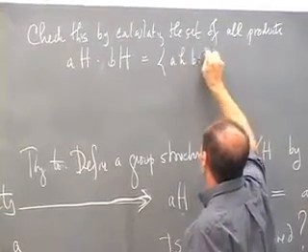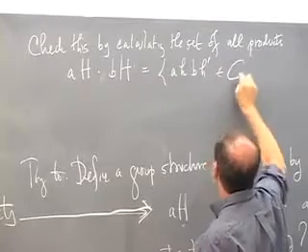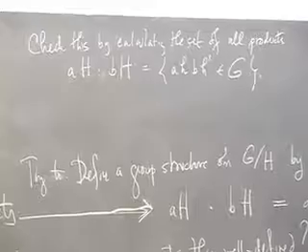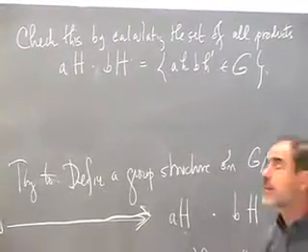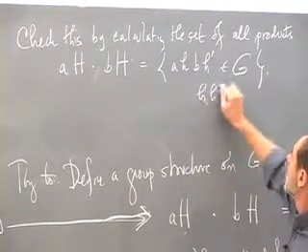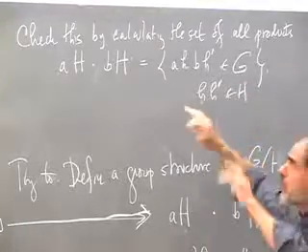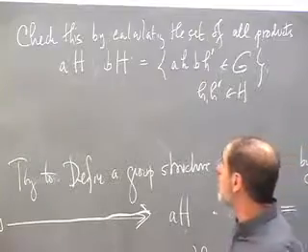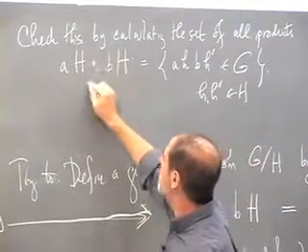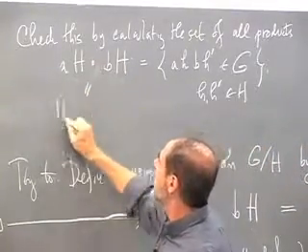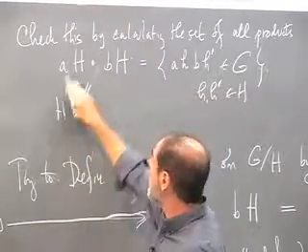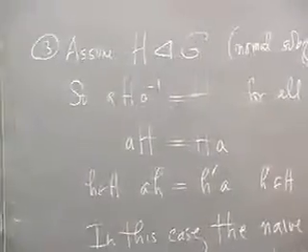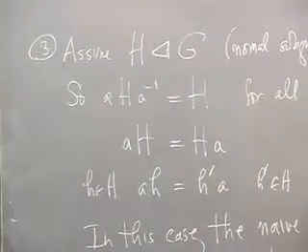So this means everything of the form AHBH' in G. That's that set, where H is anything in H and H' is anything in H. That's what I mean. Take all things in this set and take all products with things in this set. Now, how do we calculate that? Well, first of all, we rewrite this AH as HA because this set is the same as this set, right?